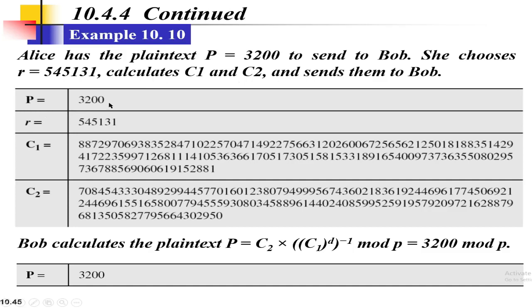Here p is 3200, r is this, and c1 and c2 are so large, almost 200 or 300 digits. Bob calculates the plaintext p equal to c2 into c1 to the power d inverse mod p, which is equal to 3200 mod p. So this is how the plaintext can be decrypted, and this is a realistic example.